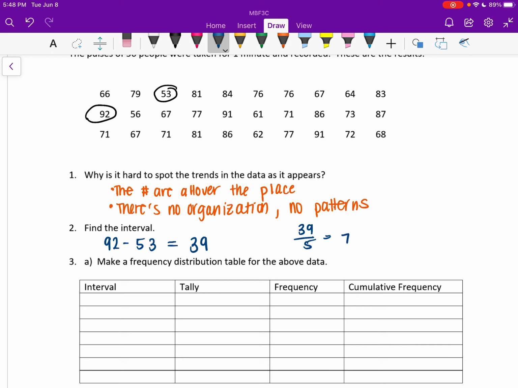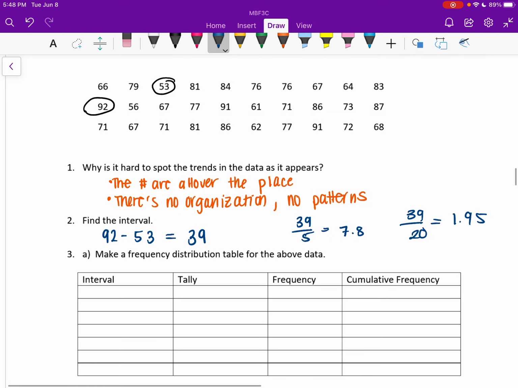That would be 7.8 each, which is kind of big. And then you could do 39 divided by 20, which would be 1.95, which is also not a fun number to work with. In this situation, I actually decided to work with 5, right? Just because I like that number and I like adding it. Or 6, sorry.